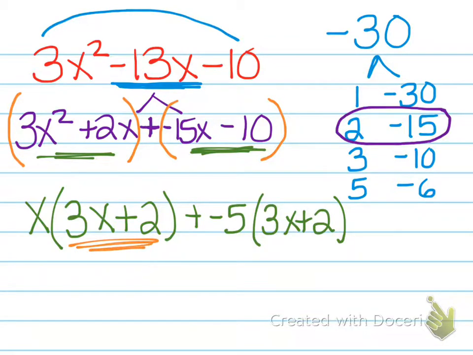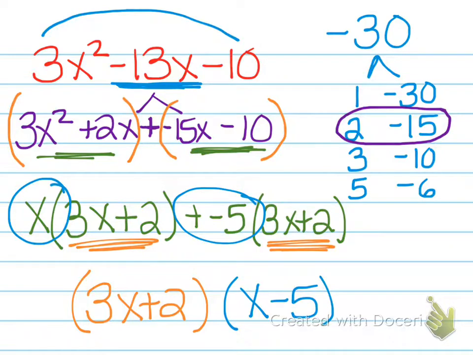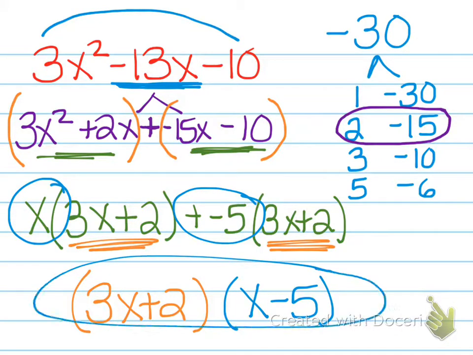Since these two factors are exactly the same, that means that's one of my factors. And the other factor comes from my GCFs put together. So I'm actually going to write it as x minus 5. So this is your answer in factored form.